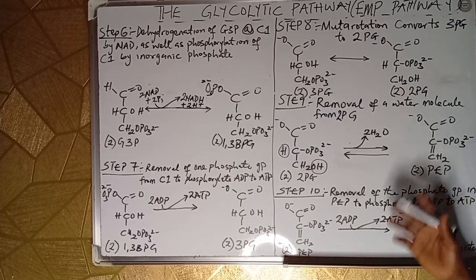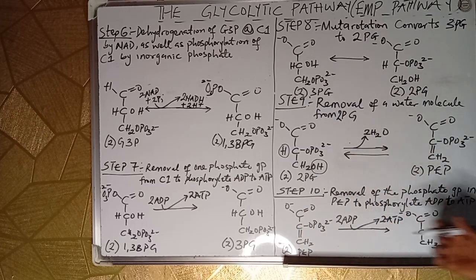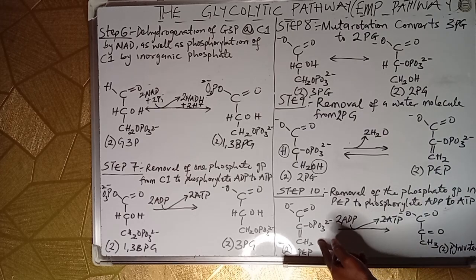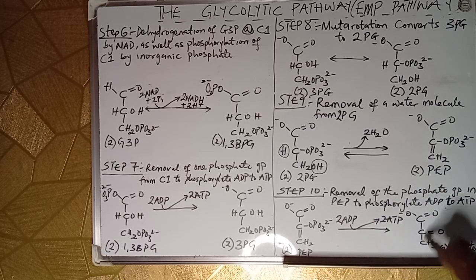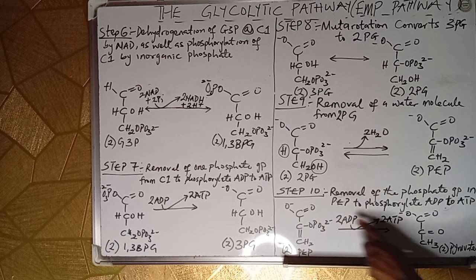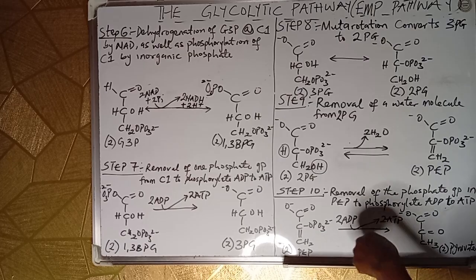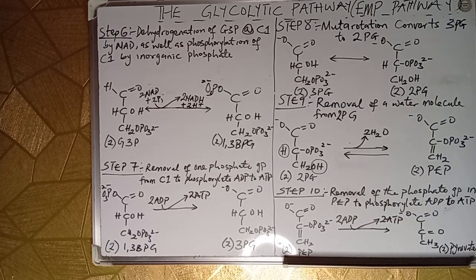And then the last step of the glycolytic pathway, step 10, is simply the removal of the remaining phosphate group in phosphoenolpyruvate at carbon 2, which is used to phosphorylate ADP to ATP. Remember, it's 2 molecules. So each of them donates its phosphate group at carbon 2 to ADP to give us ATP.